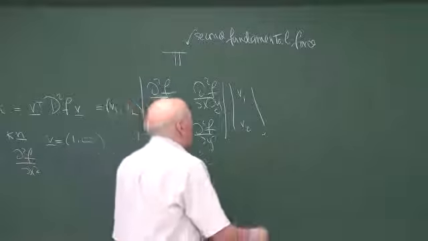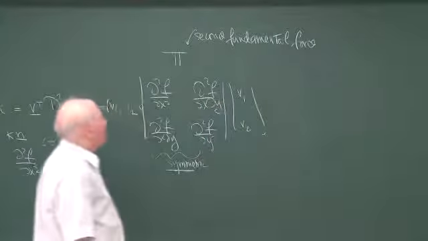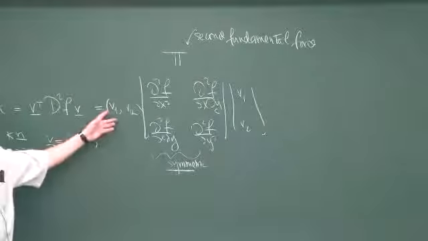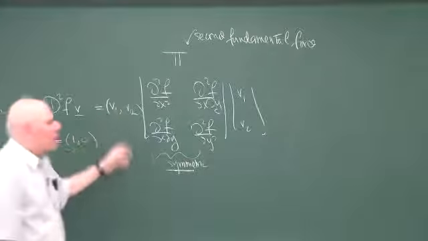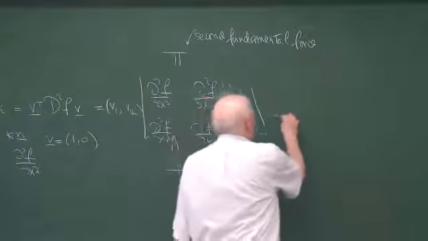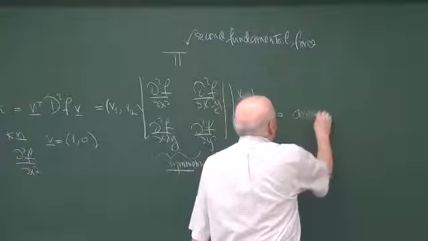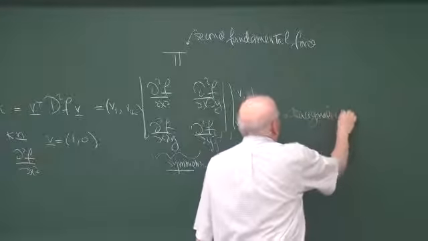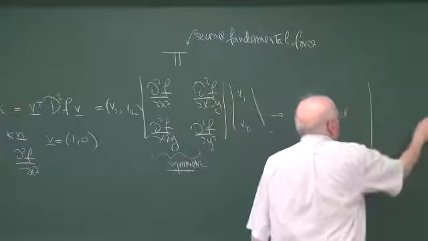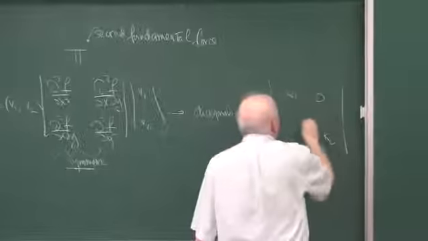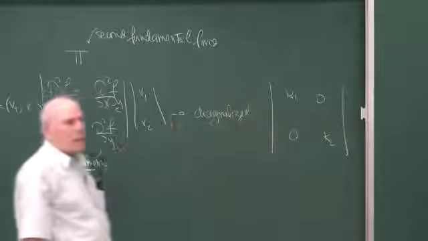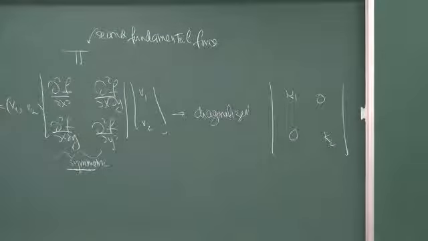Okay, so it could be diagonalized. So if we rotate v appropriately, then I can diagonalize it. It doesn't make any difference, so that means I'll get kappa 1, kappa 2, where kappa 1 and kappa 2 are just the eigenvalues.